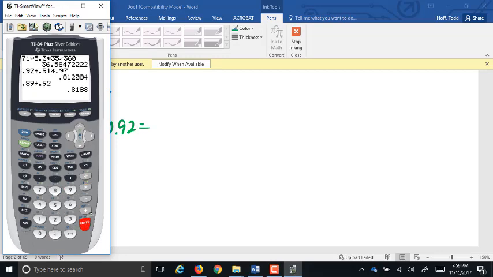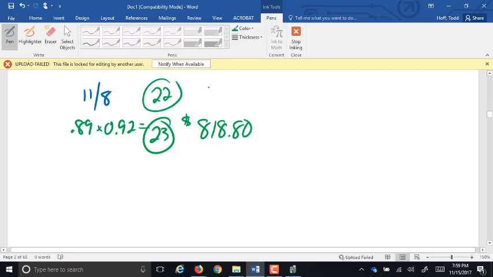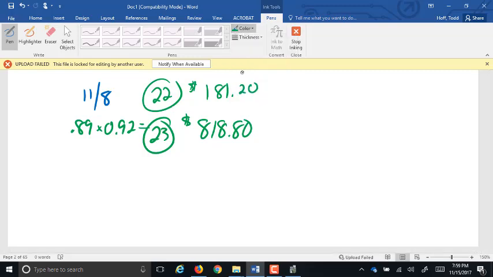Gives you 0.8188. That is the net decimal equivalent times 1,000. It's $818.80. That would be your answer to 23. That is the net price. So for the discount, yes, you just subtract that from 1,000. So that's 22, yeah. Any other questions on that page?